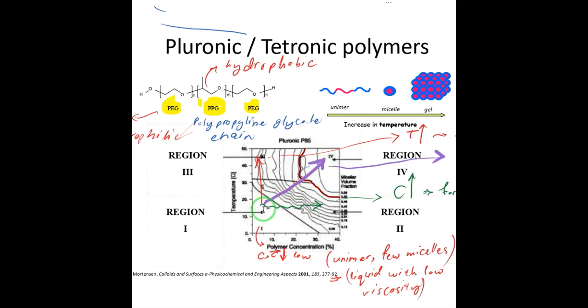If we try to increase the concentration and the temperature of the pluronic polymers in our sample at the same time, you will see that we will have the gels, and this is something that we can use for tuning the properties of our hydrogels.